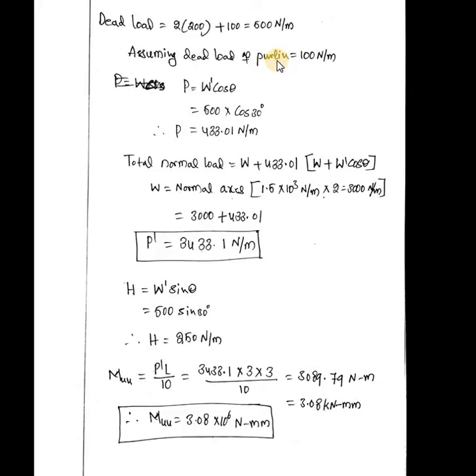Assuming dead load value for purlins 100 Newton per meter, because we have a range from 100 to some value, so for that reason I assumed 100 as the initial self weight of purlin.